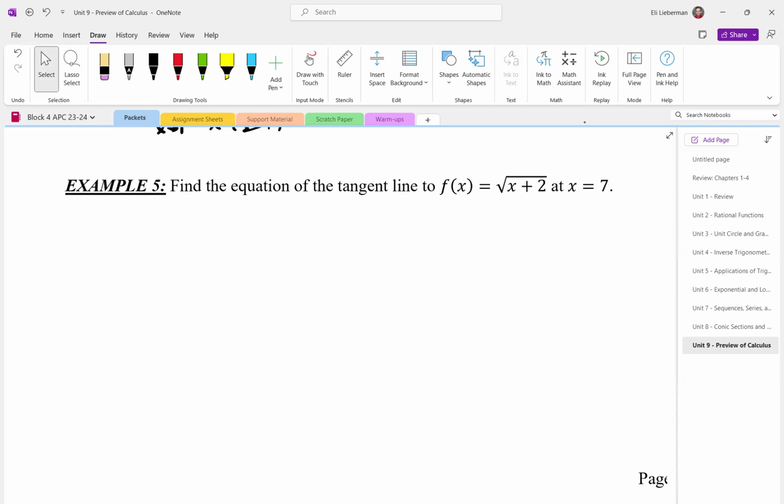Don't you just multiply by root x minus 2? Definitely, that's the only way you can do it.